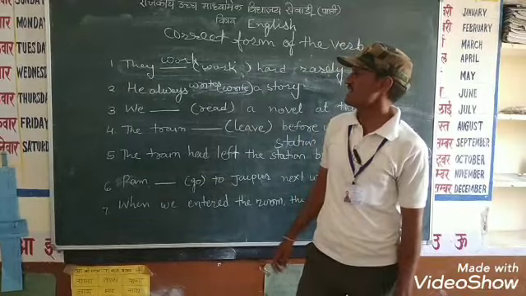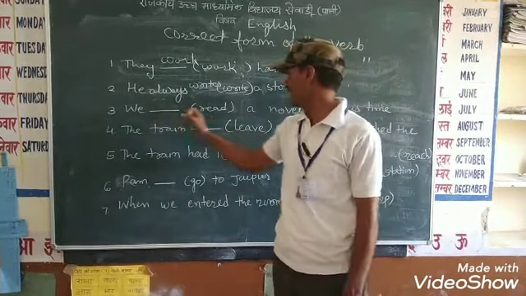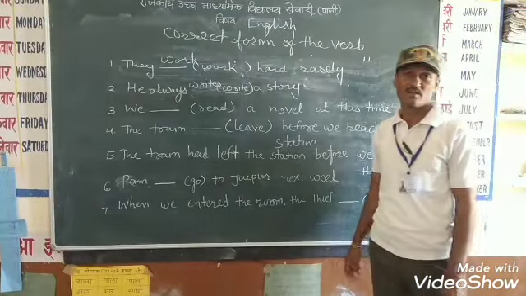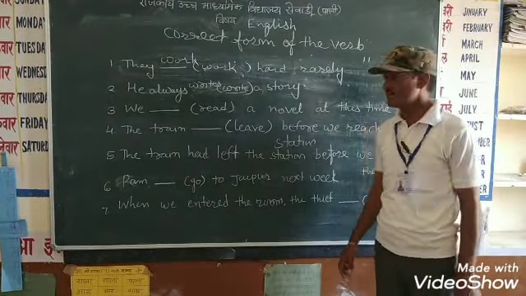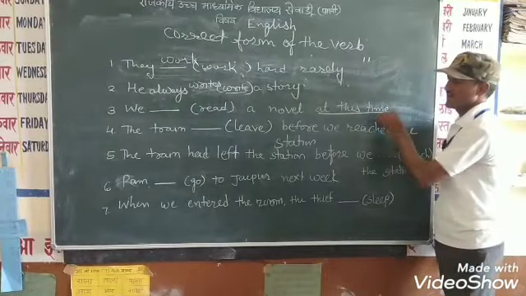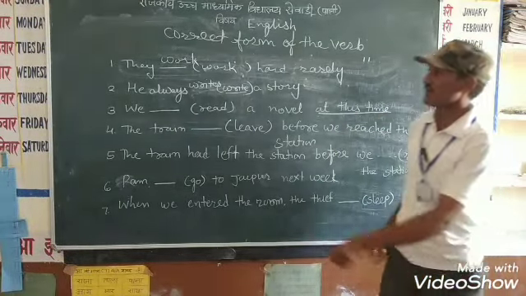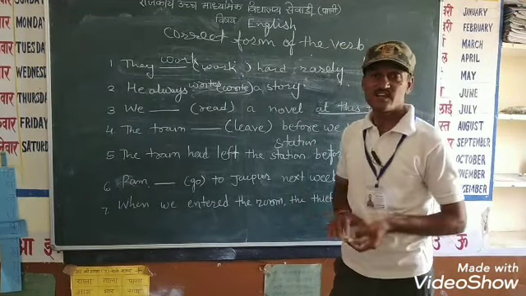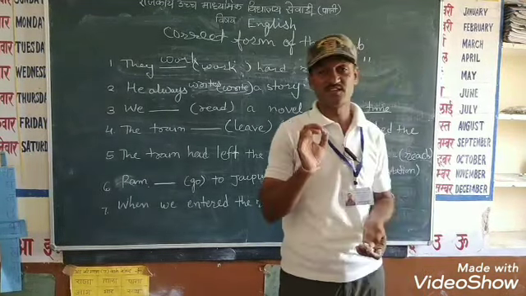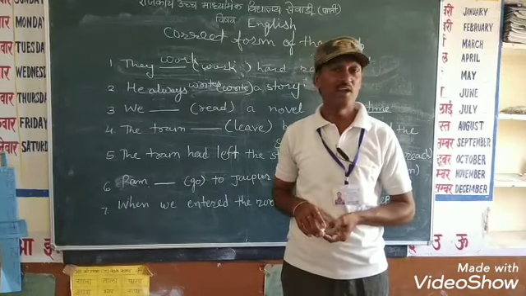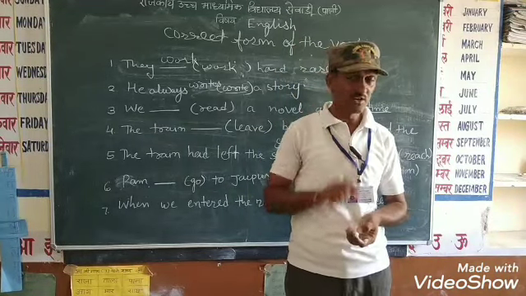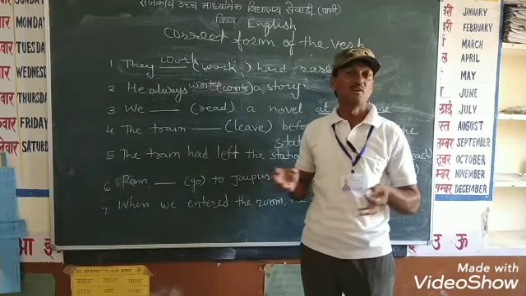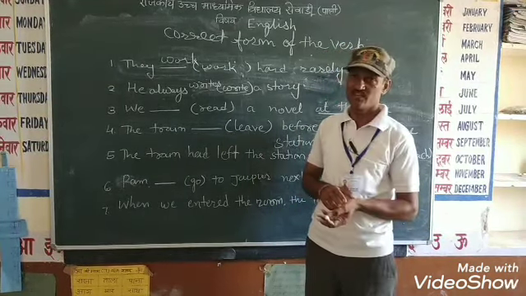Our third sentence is, we read a novel at this time. By the words at this time, we identify that this sentence is of present continuous tense, and in the present continuous tense we use is, am, are plus verb plus ing.